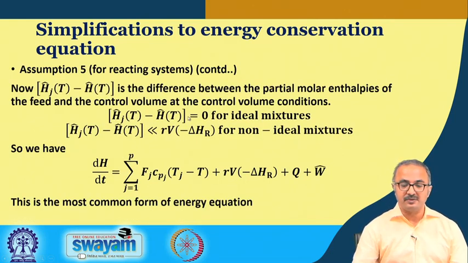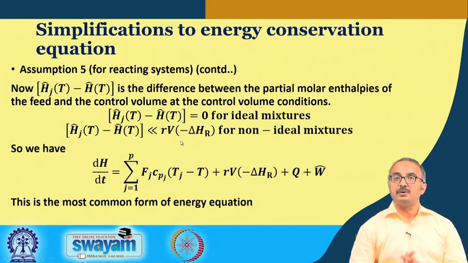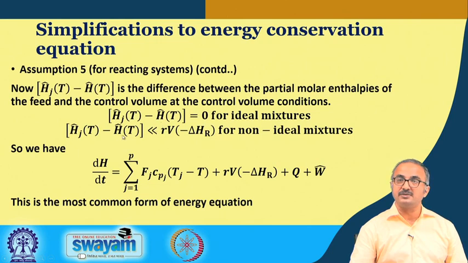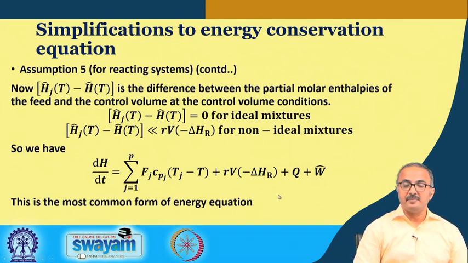This may be 0 for ideal mixtures, or very small compared to the total amount of heat generated for non-ideal mixtures. So, in that case we can neglect this term, and we are left with this particular equation. That is another simplification we have made for the reacting systems.